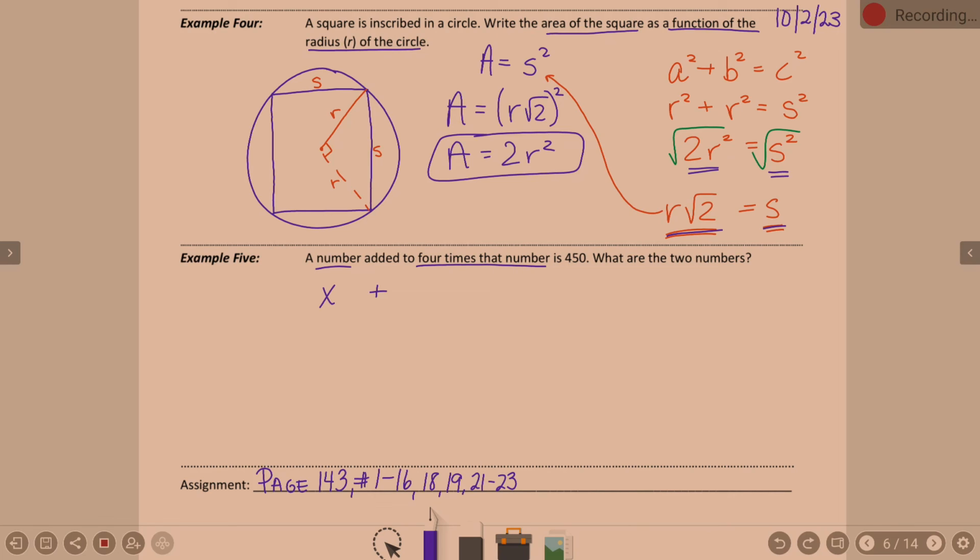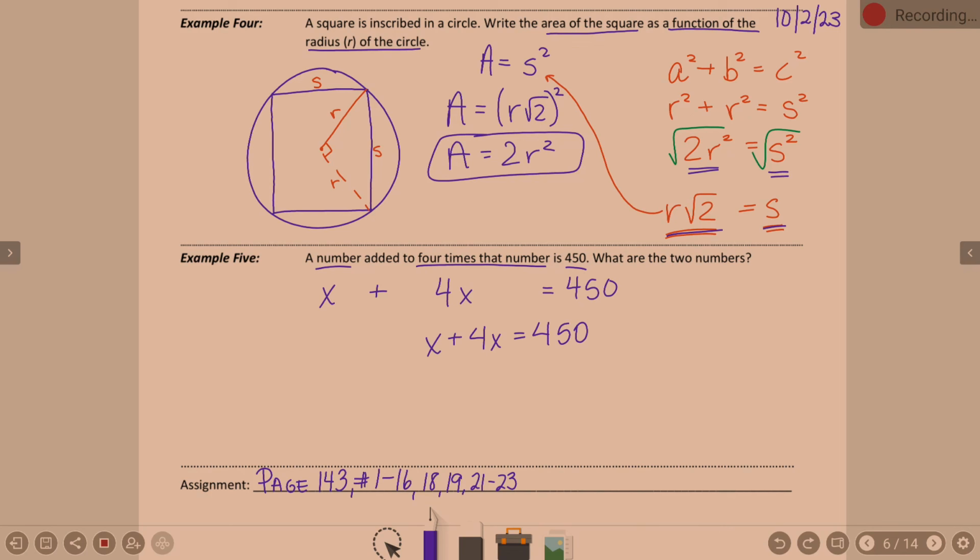Well, if that number was X, 4 times that number is 4X, is 450. In other words, I like this one because if you catch the wording, you can just translate the words into math symbols. Okay. So you have the equation X plus 4X equals 450.